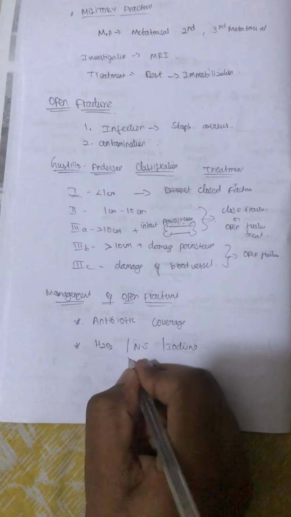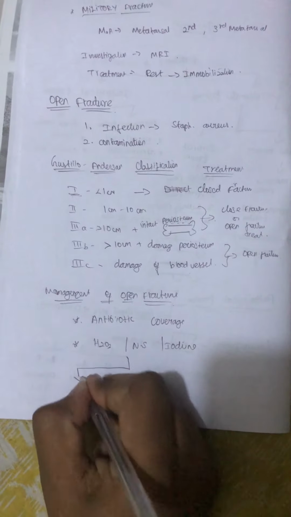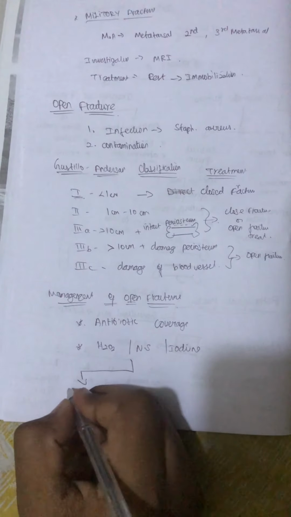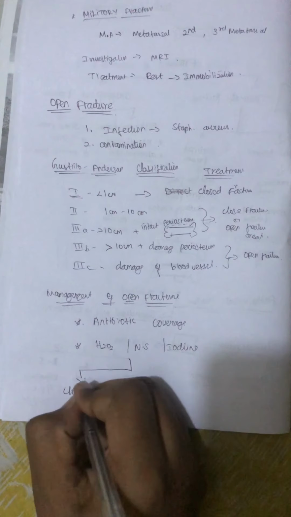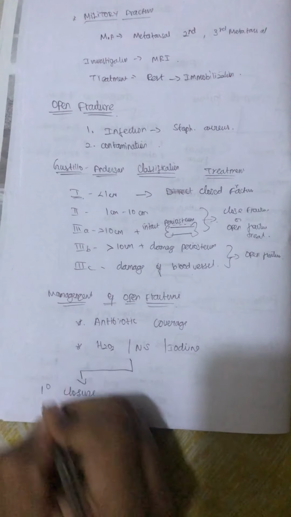After debridement, if we find that the wound is clean and good to go, then we can do the closure. This type of closure is called primary closure.